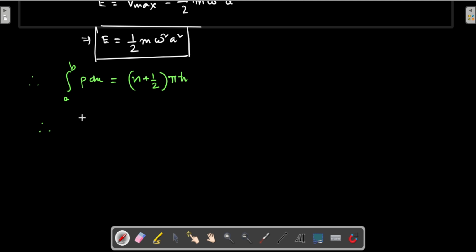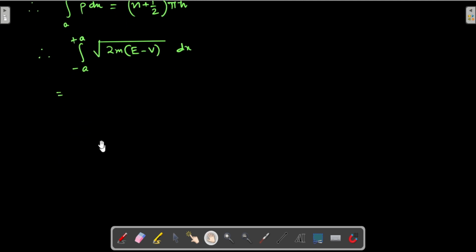The left hand side can be written as the integral from minus a to plus a, where the lower limit is minus a and the upper limit is plus a, of root over 2m (E minus V) dx.